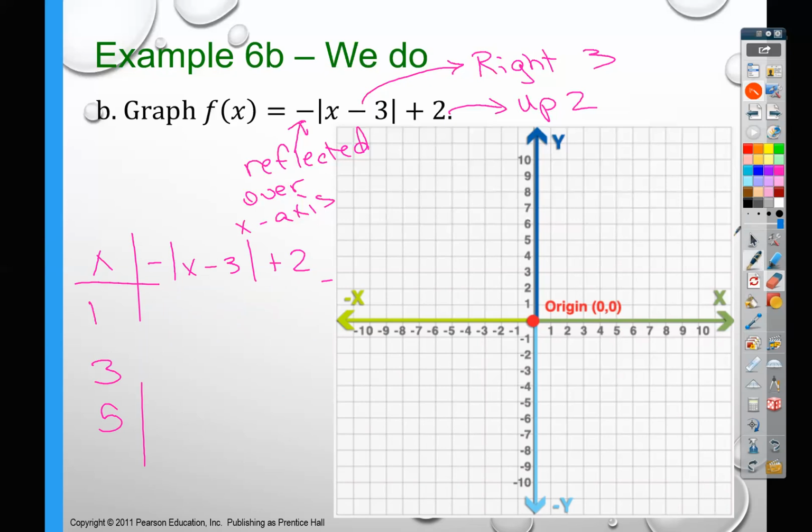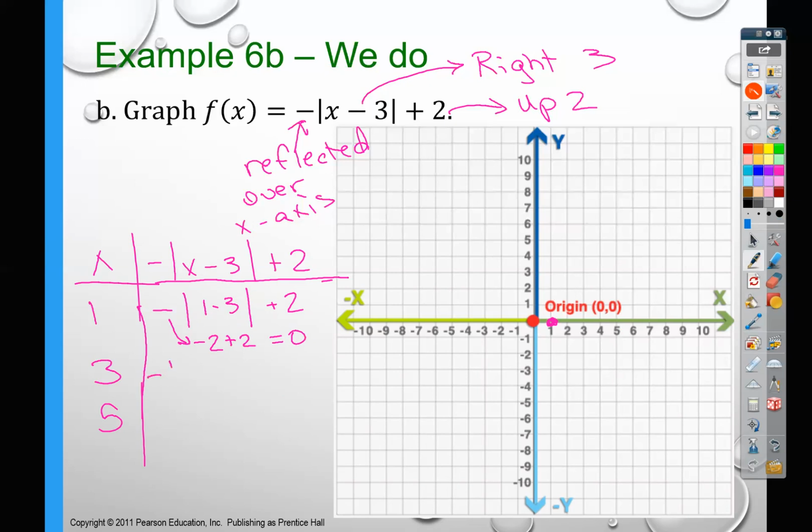Okay. So let's try this again. We have negative 1 minus 3 plus 2. What's 1 minus 3? Negative 2. The absolute value of that is 2, but you have this negative sign in front. So negative 2 plus 2 is 0. So let's plot at 1, 0.